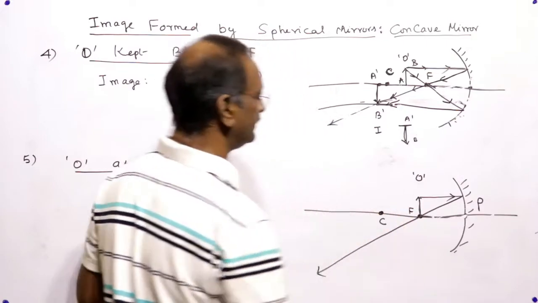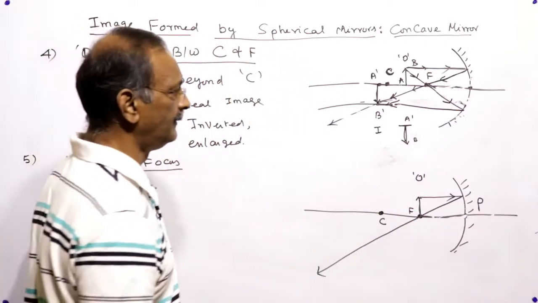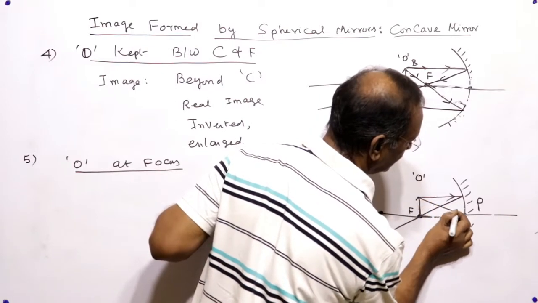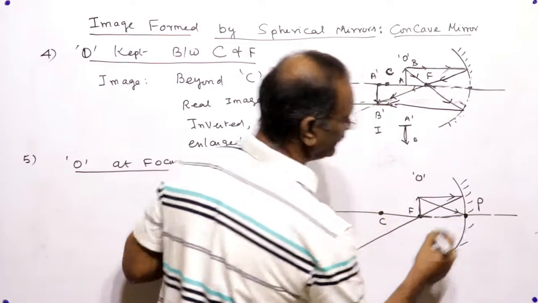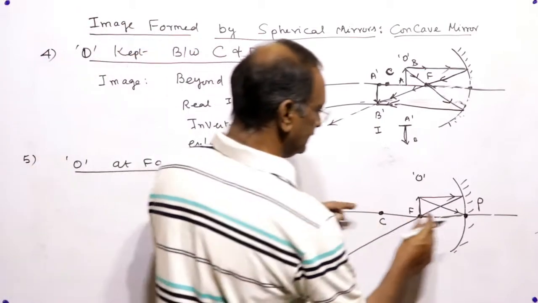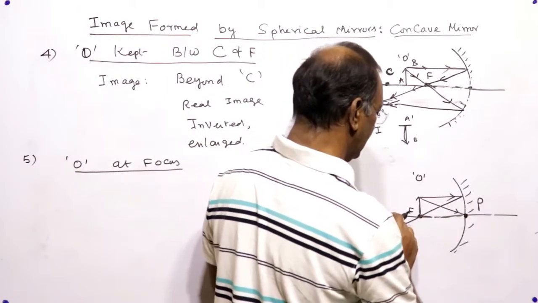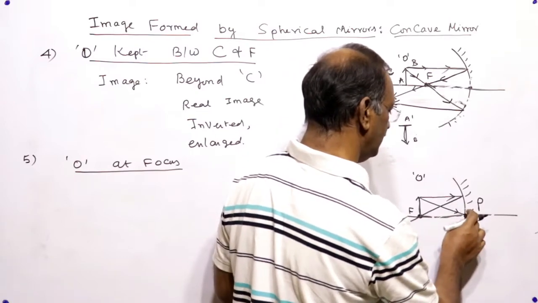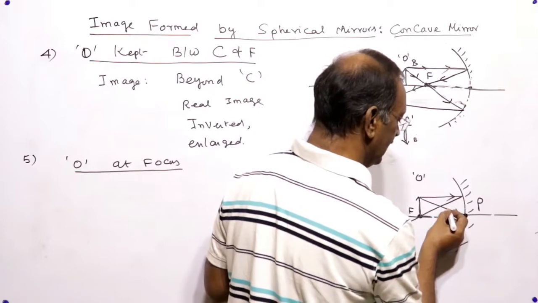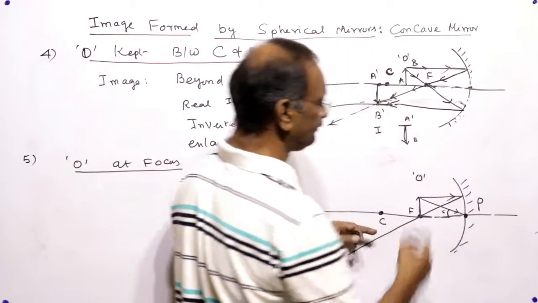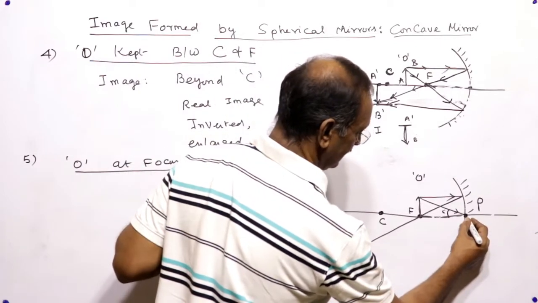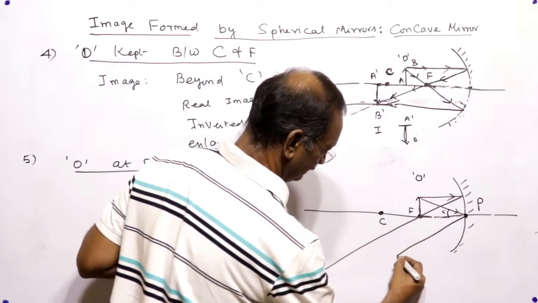Let us keep one more ray that strikes at the pole. The line joining the center of curvature to the point of incidence forms the normal. So this is the normal, this is the angle of incidence, and according to the law of reflection, exactly the same angle it will reflect.